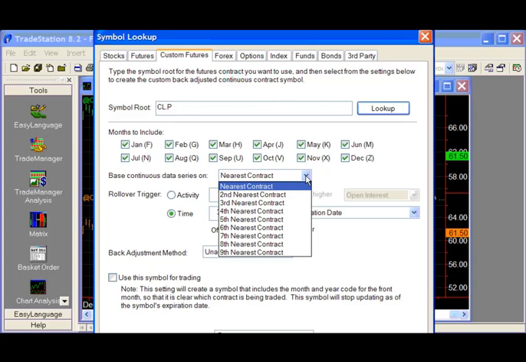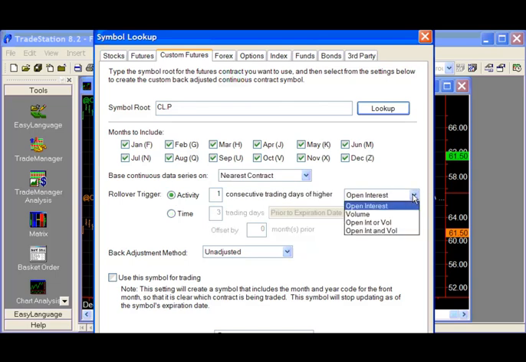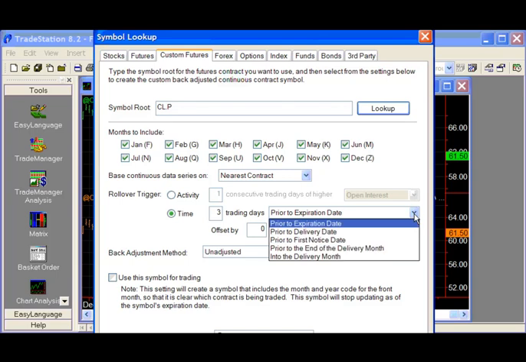I'll show you an example of when we might want to experiment with something other than nearest contract. And then the rollover trigger could be based on activity settings related to open interest, volume, or some combination, or based on time, a number of days prior to expiration, delivery notice day.